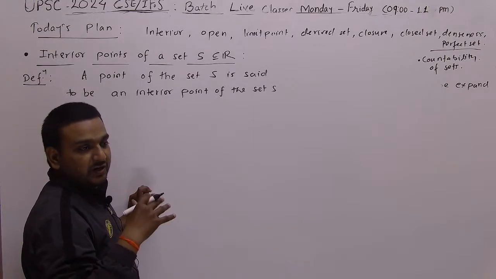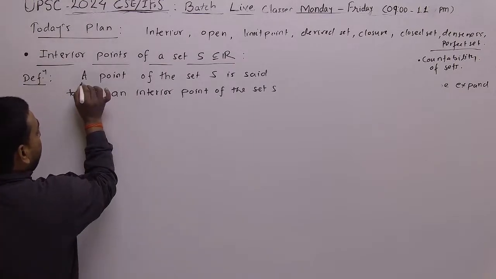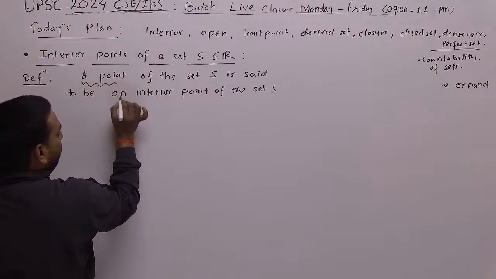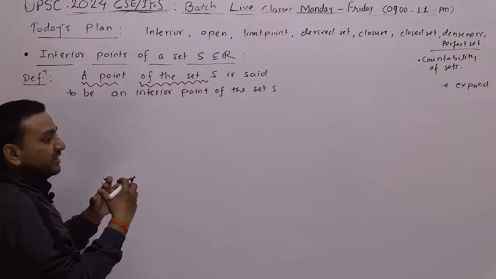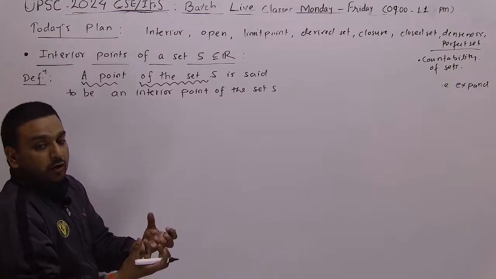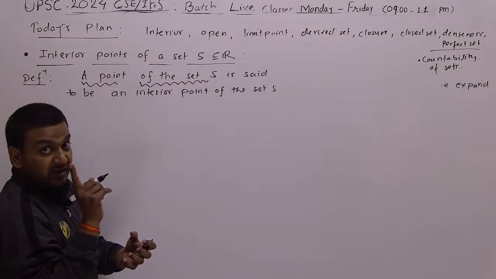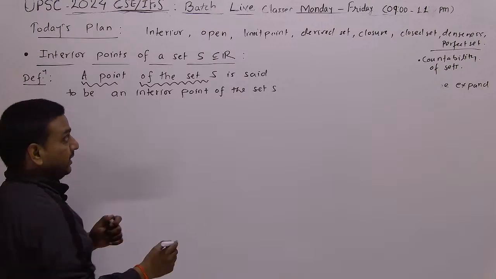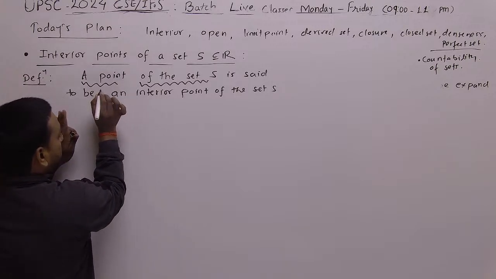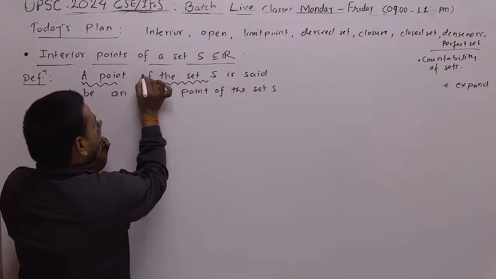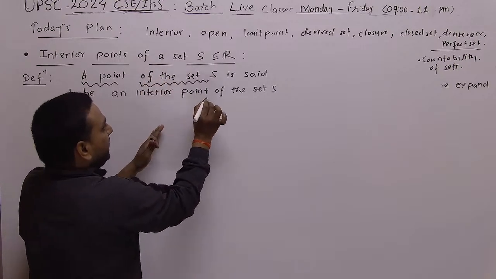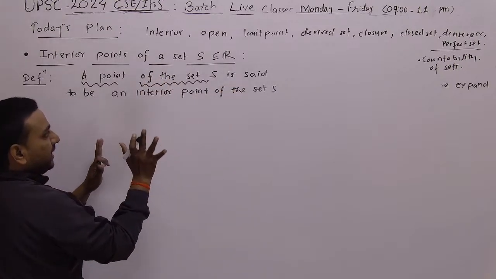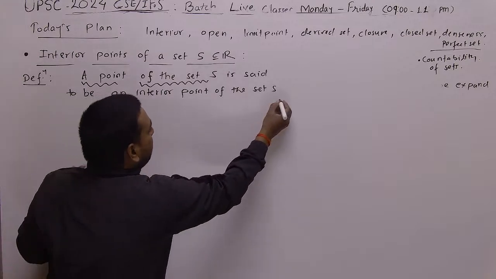There is no word just like that. Interior means a point which is of the set itself, means it is not from outside of the set. Please underline every word, because every word will matter today. A point of the set, you can highlight this word, a point of the set is said to be an interior point of that set.